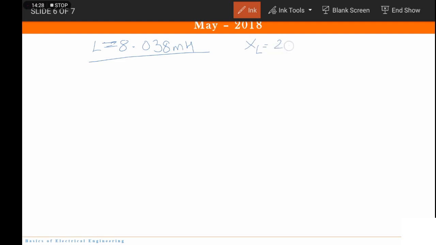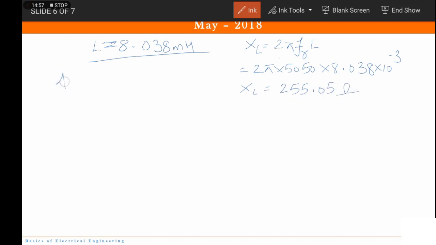So XL is 2 pi F L. What is F here? Resonance frequency. Okay. So we will put the value: 2 pi multiplied by 5050 into 8.038 milli, so 10 raised to power minus 3. So XL comes out to be 255.05 ohms.